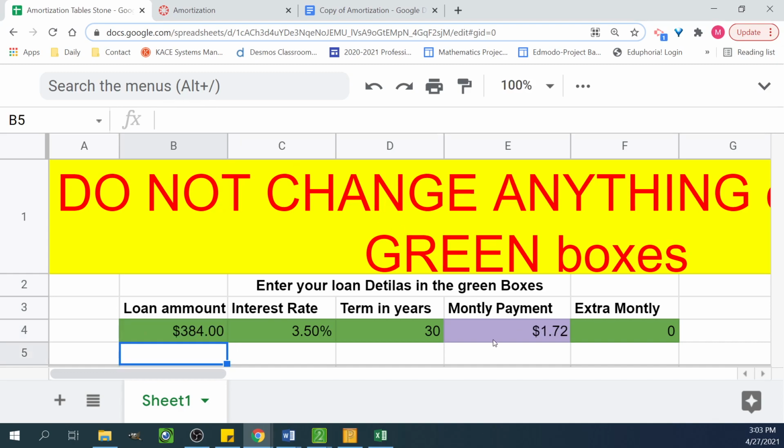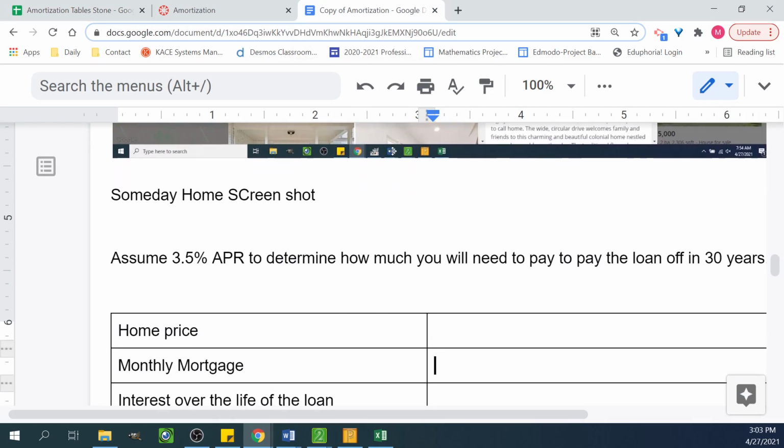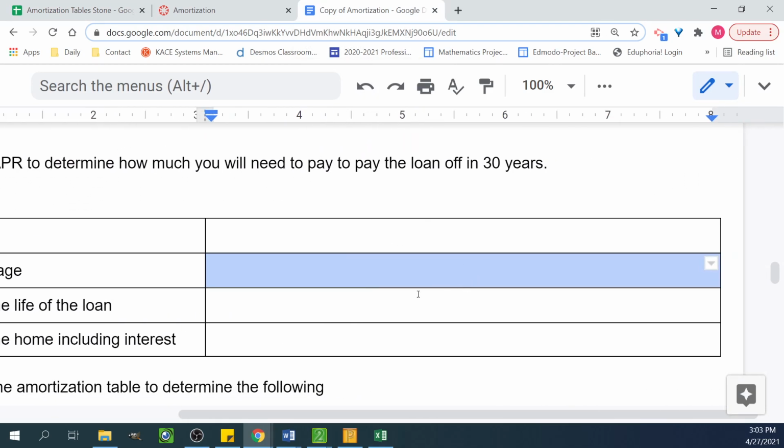Do I really only need to pay $1.72 a month? You put 1,000. Exactly. So now what's my monthly payment? 1,224. Good. See how that gives me my monthly payment?